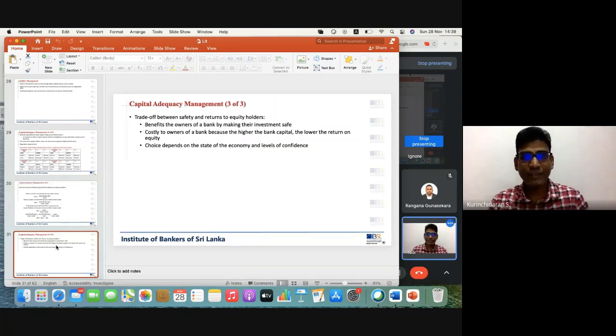So finally, when it comes to capital adequacy management, the bank should think about a trade-off between safety and return to equity holders. The two things: the return is a major thing, and also the safety. Whoever is investing in these banks, shareholders and investors, their investment should be safe and it should provide a higher return.